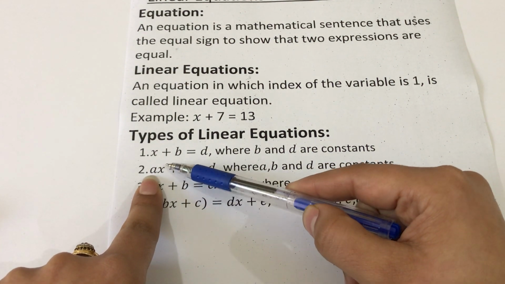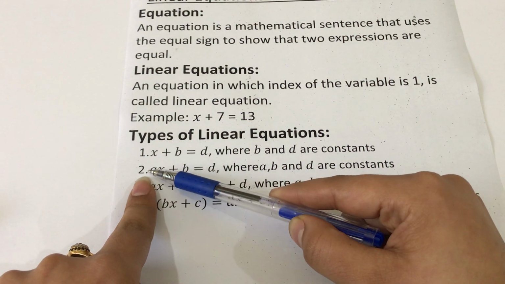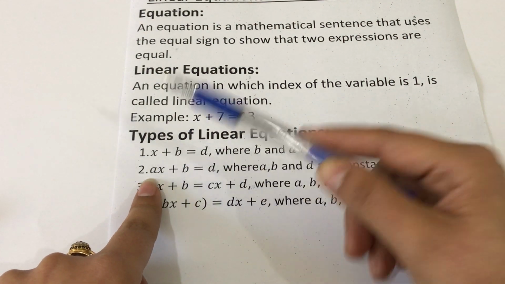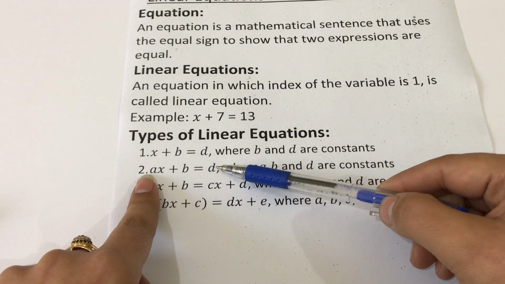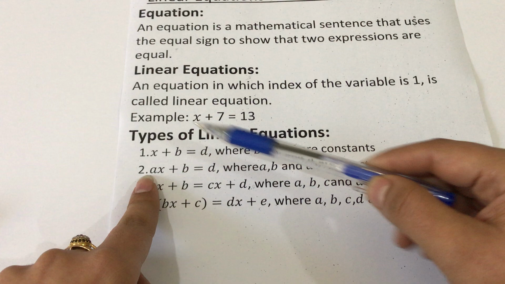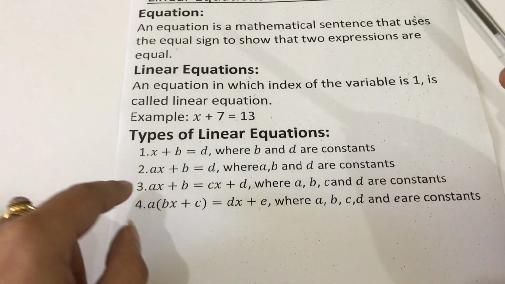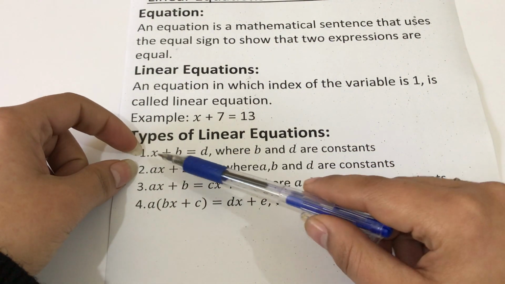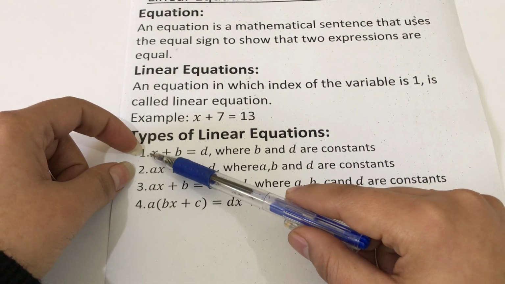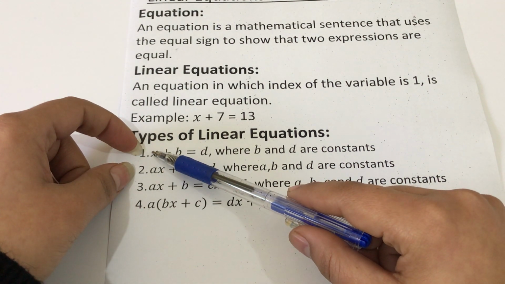The constant number written before your variable is called the coefficient of the variable. So second form of the equation would be like this. You will have 2 constant numbers, right? And you will have a coefficient of the variable, right? So what's the difference between first and second type? In first type you have no coefficient. When there is no coefficient written before your variable, that means it's 1.